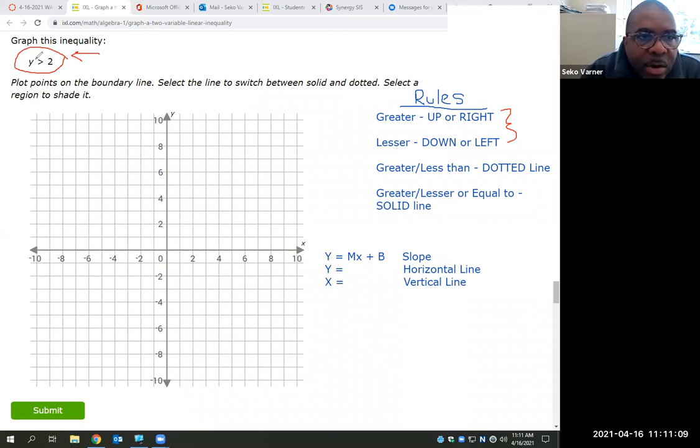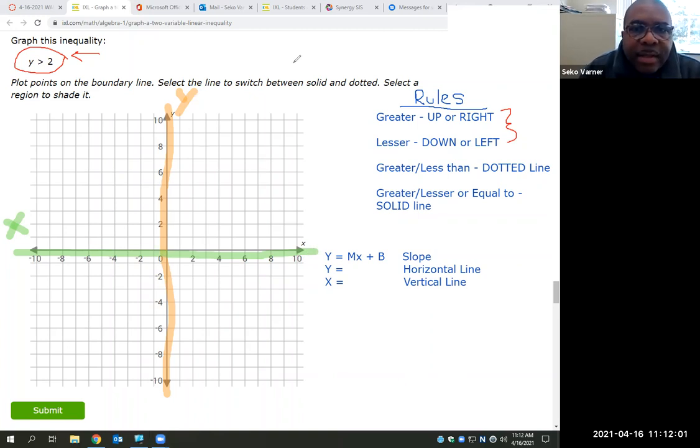So that says y is greater than 2. So we're going to go to 2 on the y-axis. You remember which one is the y-axis. This is our y-axis, and this is our x-axis.